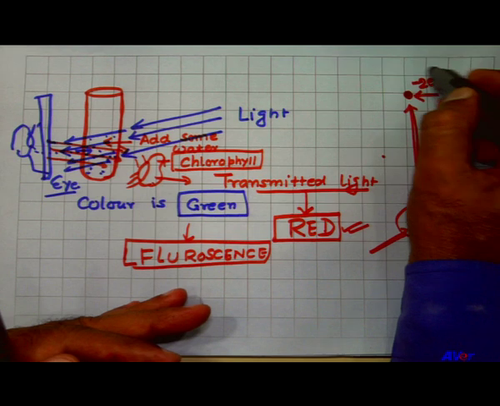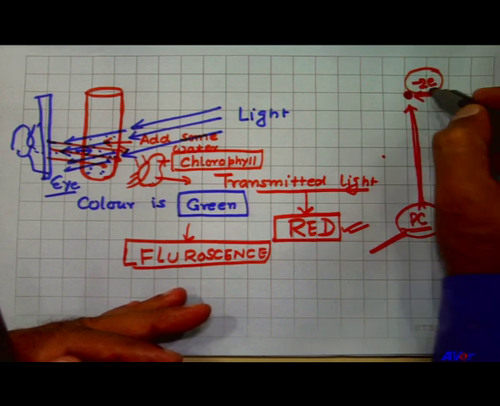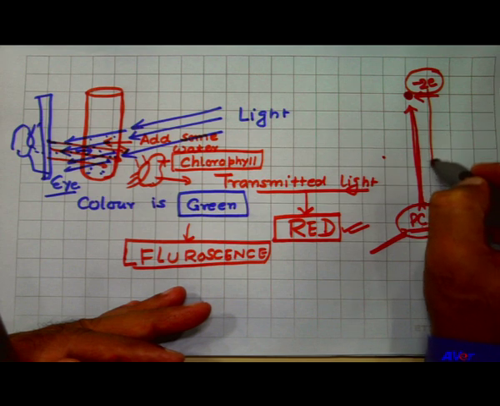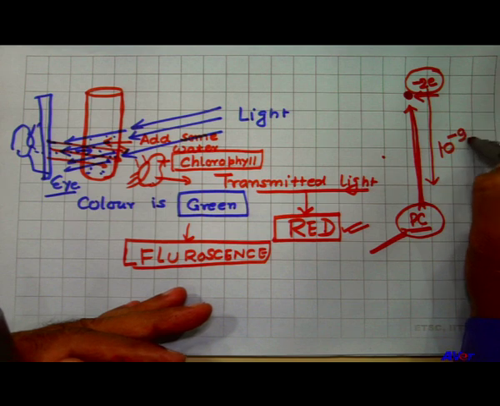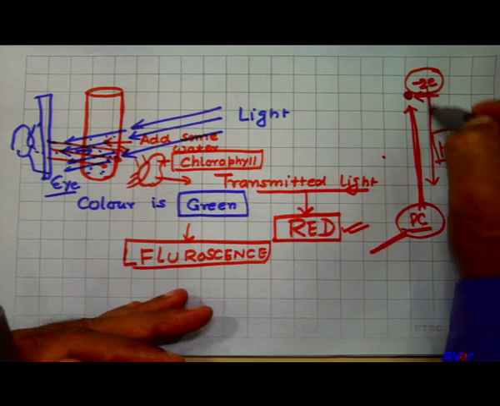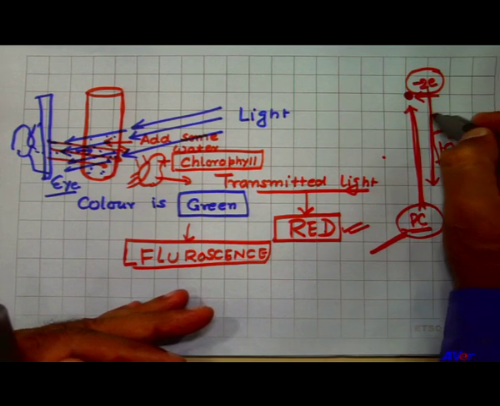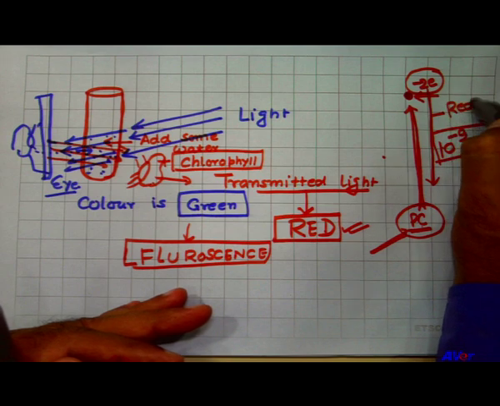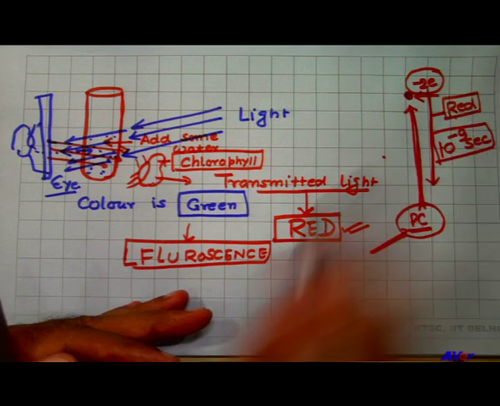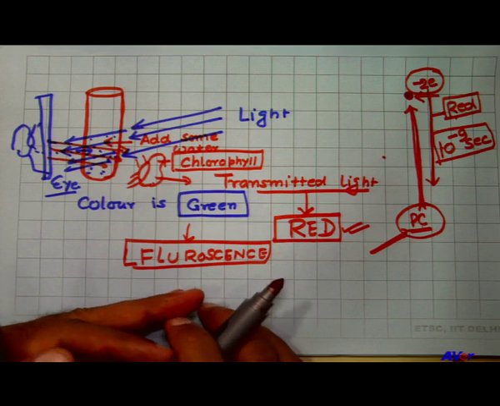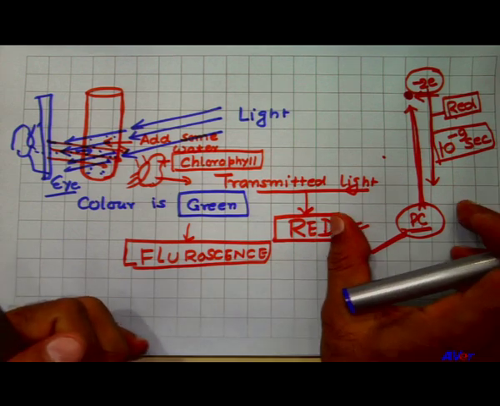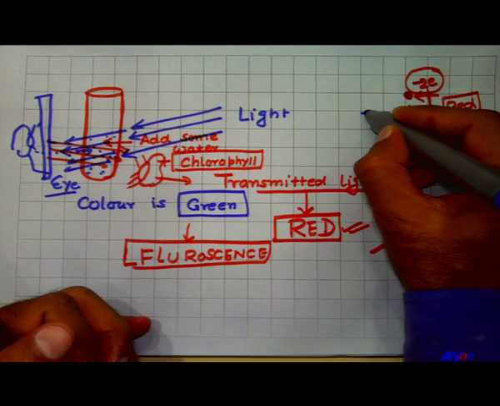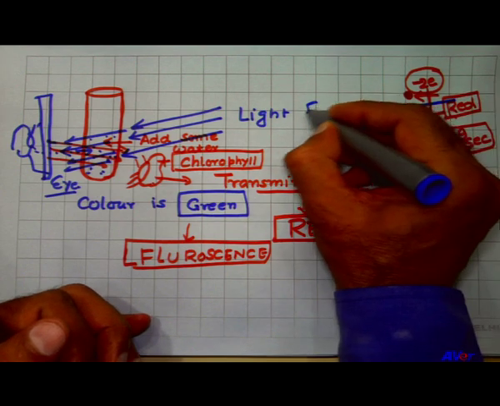When there is no acceptor, it returns back within 10 to the power minus 9 second. When it returns back, it appears red, and the phenomenon is called fluorescence. Now, when the energy level is so high, this is called the first excited state.